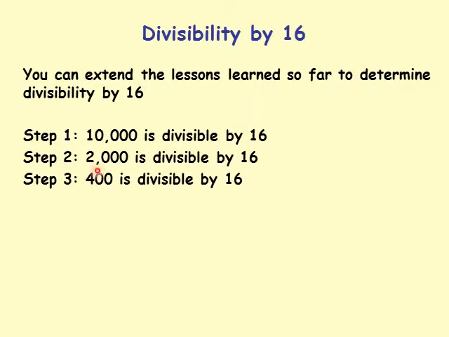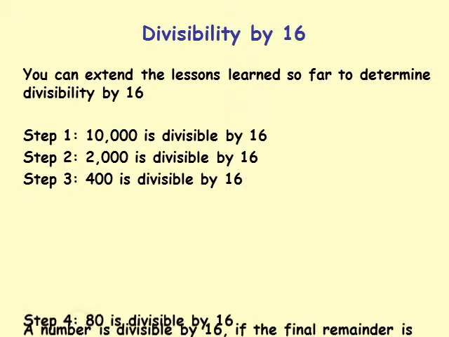Then we know that 400 is divisible by 16. From the remainder left after dividing by 2,000, I take out all the 400s I can, and what's left over is the remainder of dividing by 400. Now we need to worry about whether that is divisible by 16.